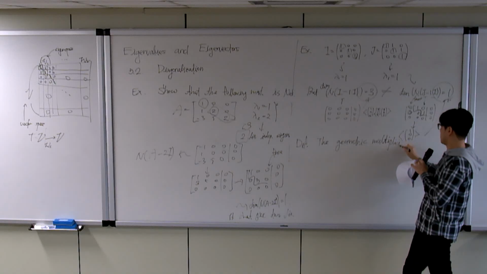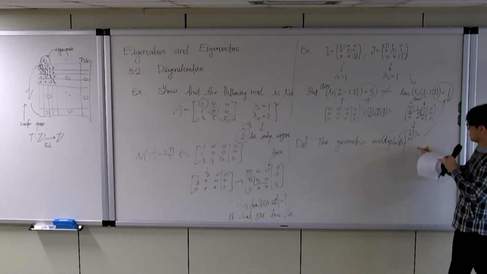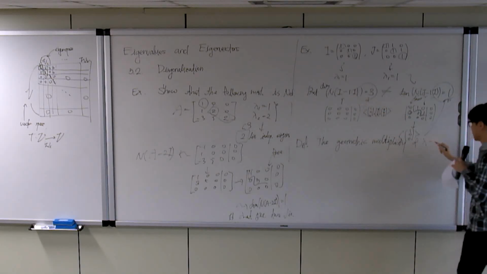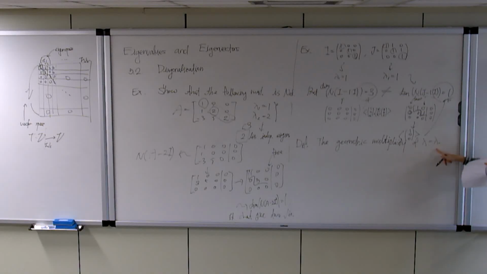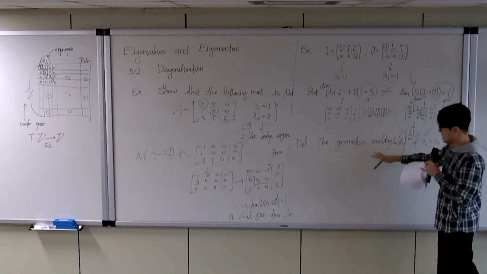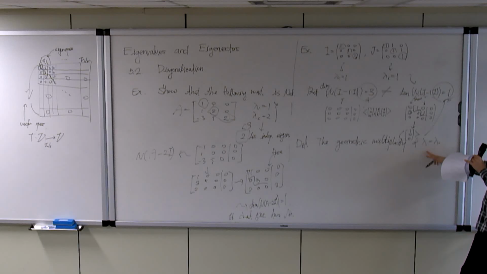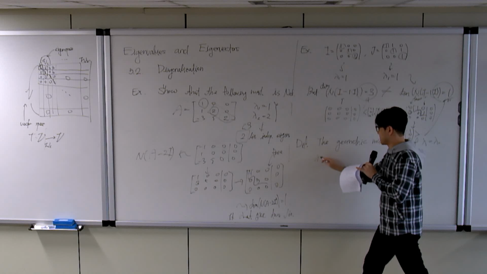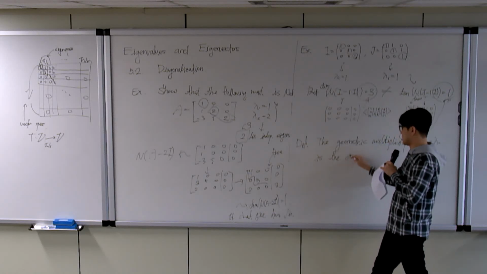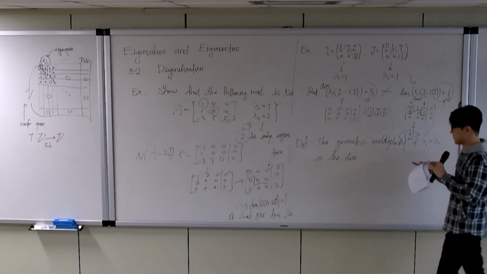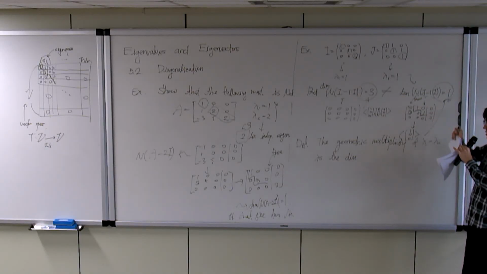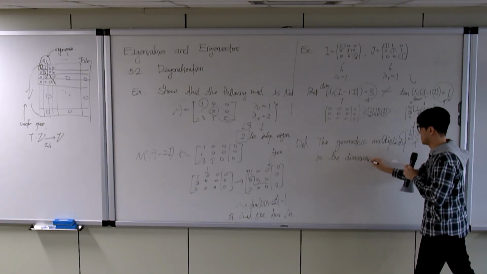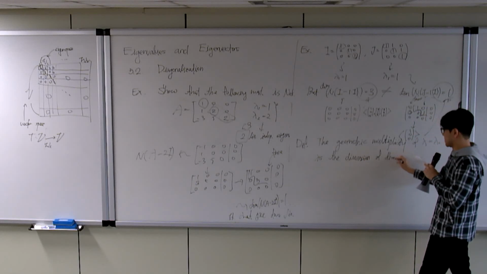Here, in the previous example, we can see A's characteristic polynomial was minus (lambda minus 1)(lambda minus 2) squared.